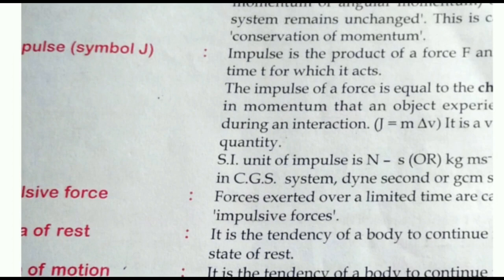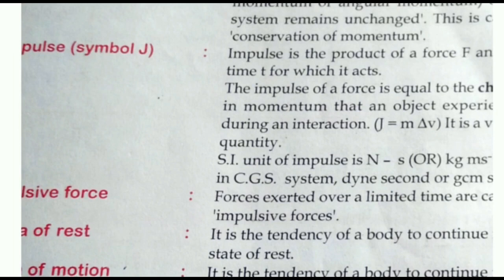This shows that the change in momentum depends not only on the magnitude of the force, but also on the time during which the force is exerted on that object. Impulse is denoted with the letter J. Impulse is the product of force F and the time T for which it acts.